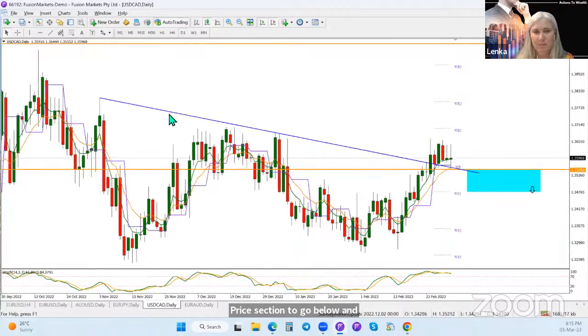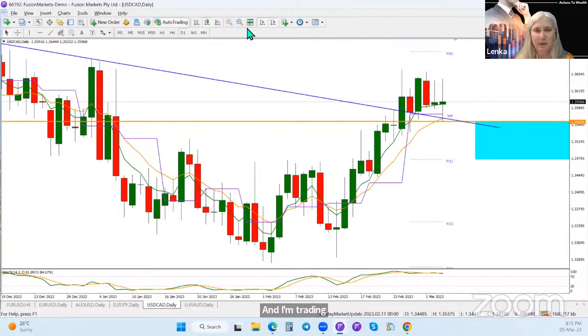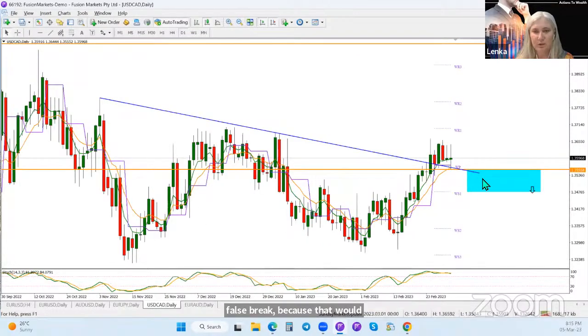And on the daily, we have the most recent trend line here in the blue. So what I'm looking at currently, the price is above, and I'm treating that as a potential setup for a false break, because that would be great for my trade setup inside the range and to go short.